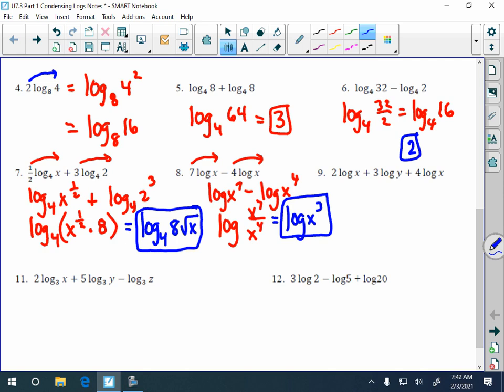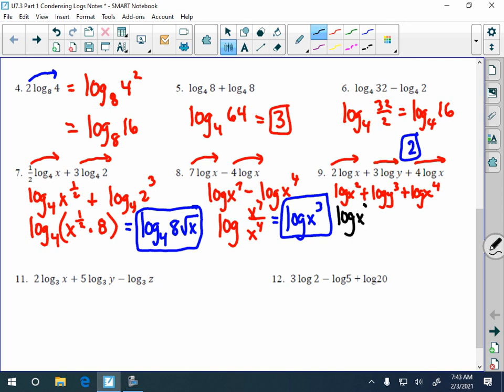All right, number 9. Same thing, we're going to bring our numbers in front, the coefficients, up as exponents. Then addition to multiplication, so now we're going to multiply all these together.